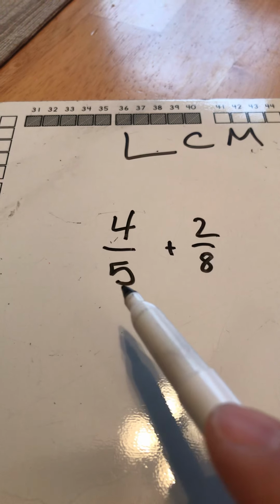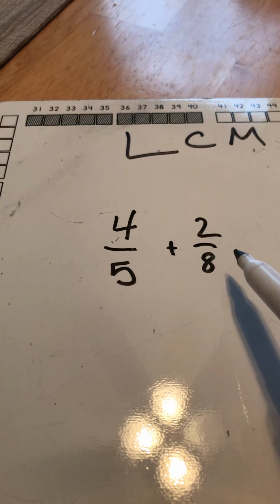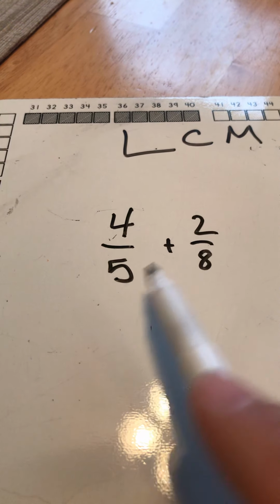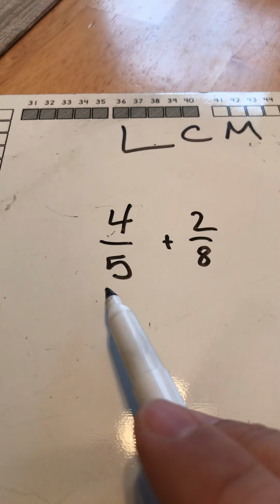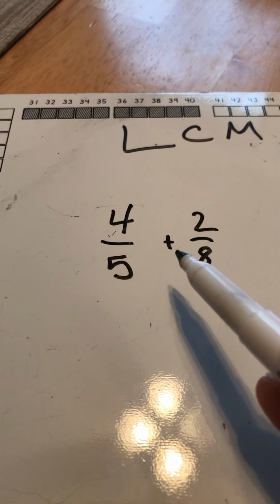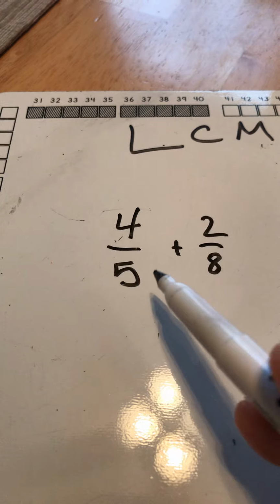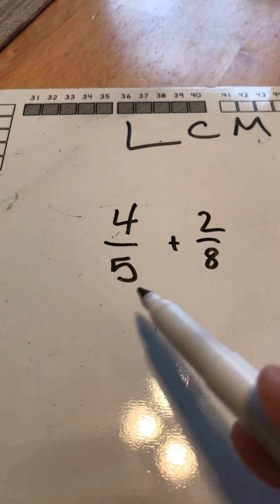Only sometimes, though, we'll end up with the least common denominator, or the least common multiple. So yes, you can say 5 times 8 is 40, and it might work out to be the least. Or it might just be a common multiple, in which case you're going to have to do some extra reducing at the end of the problem. So there's really no shortcut here, in the true sense of the word.